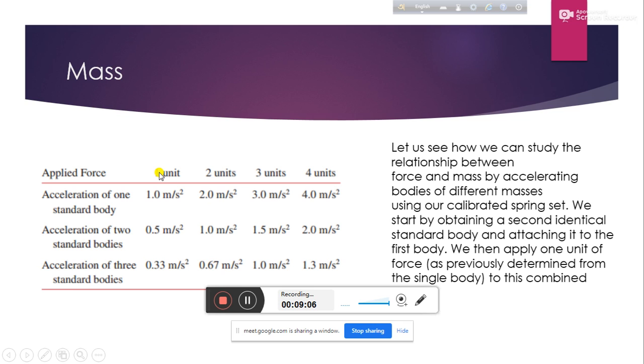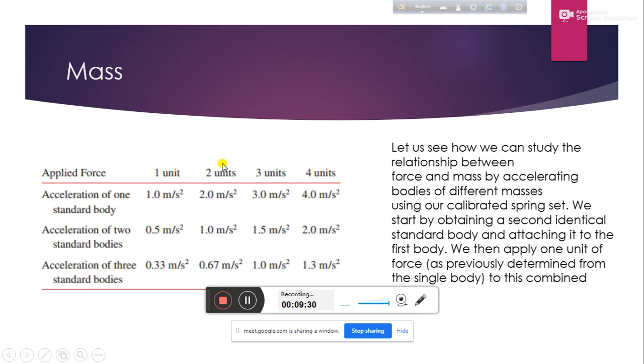With that calibrated spring we take 1 unit of force, and for the one standard body we check what the acceleration is after applying 1 unit of force. It would be 1 meter per second square, as we know. It is exactly doing what we are expecting.